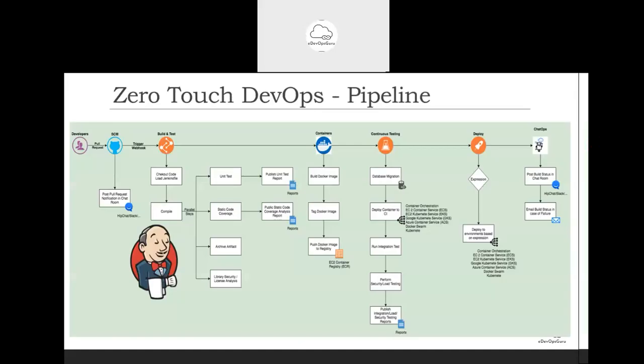Now this is one of the typical examples of a zero touch DevOps pipeline. So we will spend some time on this slide. If I see, this is a whole automation of an SDLC lifecycle. First part is the developer.